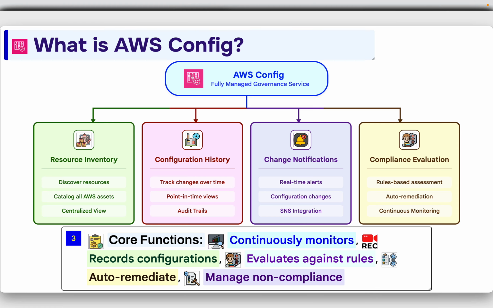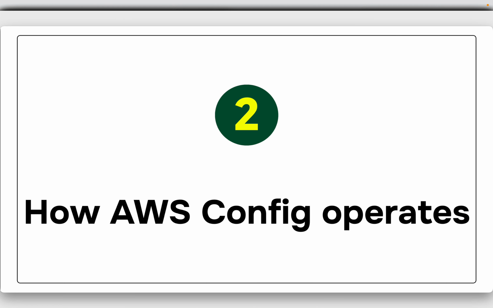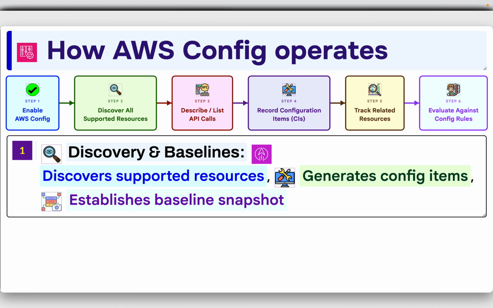The core functions of AWS Config are to record configurations, continuously monitor resources, evaluate them against rules, auto-remediate issues, and manage non-compliance.